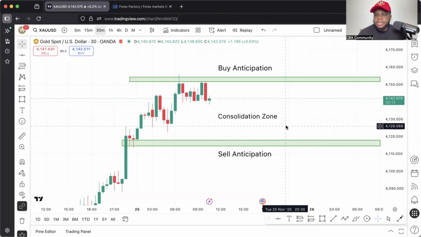The 30 minutes candle is left with 11 seconds. Let's just be patient for the candle to close before we can decide to take a position.